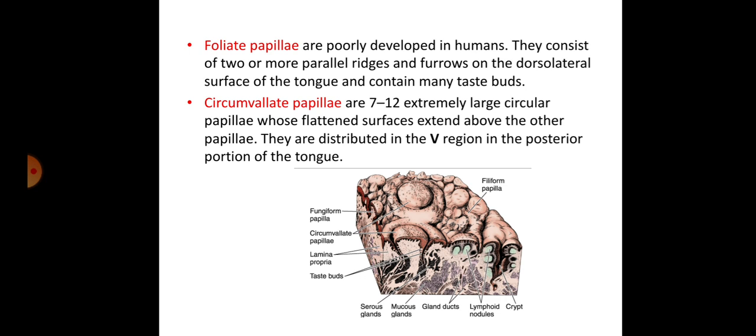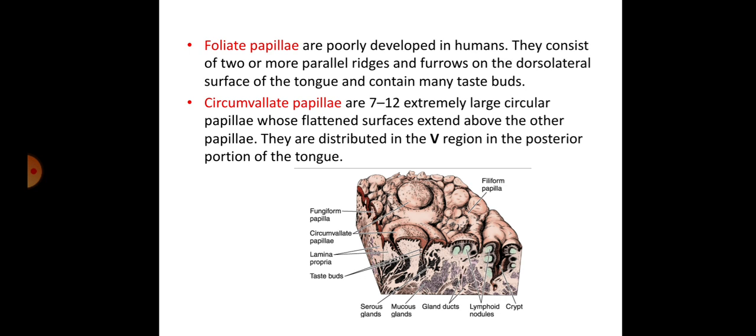The dorsal surface of the tongue is divided by the V-shaped structure into an oral part and a pharyngeal part. In this region are located the circumvallate papillae.